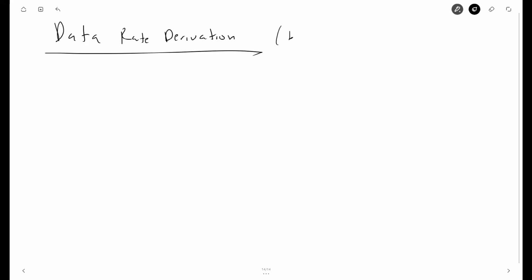Now let's talk about the data rate derivation. The data rate, sometimes called the bit rate, is the rate at which data is transmitted over a communication channel.